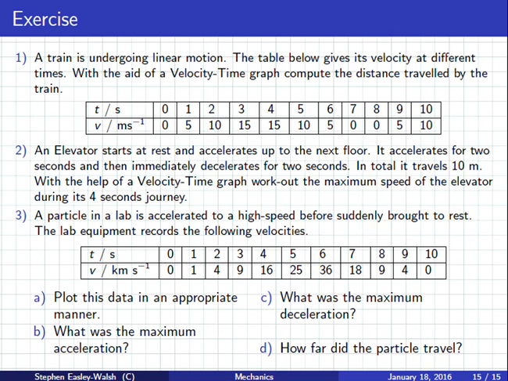So the speed is the distance divided by the time, which is 2 kilometers divided by 30 minutes, which is 2,000 meters divided by 1,800 seconds. So that is 1.11 meters per second.